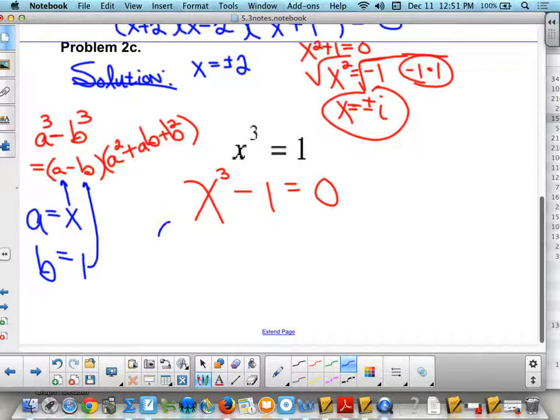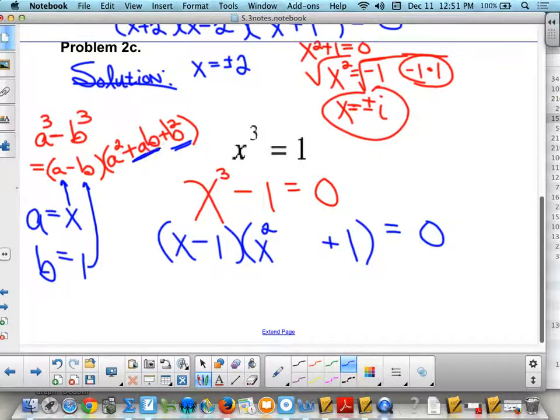So your factors will be, okay, well it's A minus B. Well it's what? X minus 1 times, take your A, which is x, and square it. X squared. In the back, take your B and square it. What's 1 times 1? Plus 1.